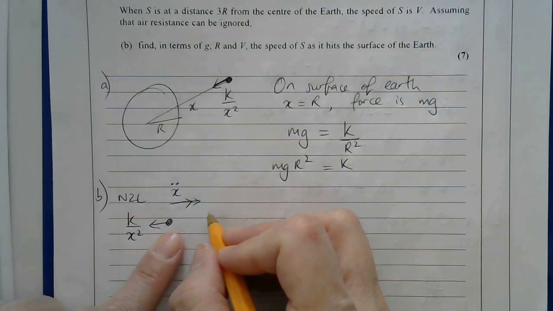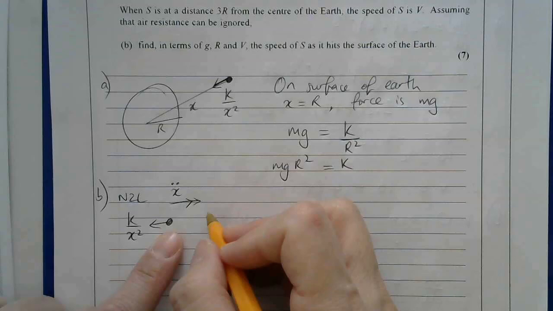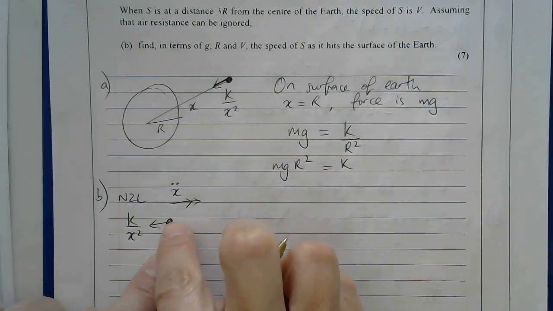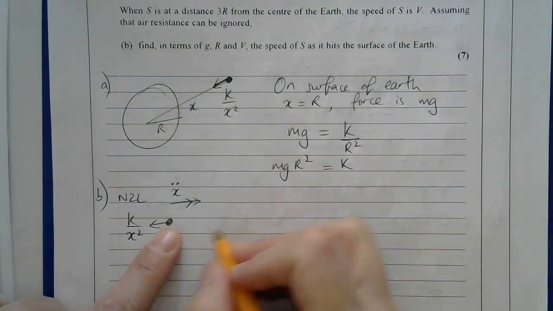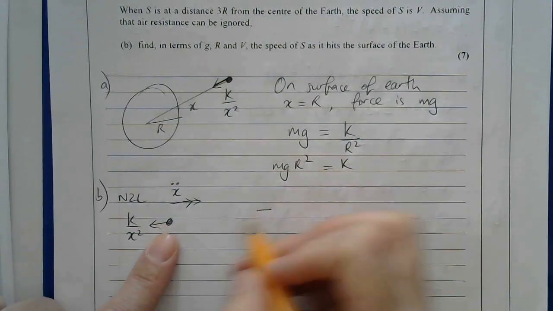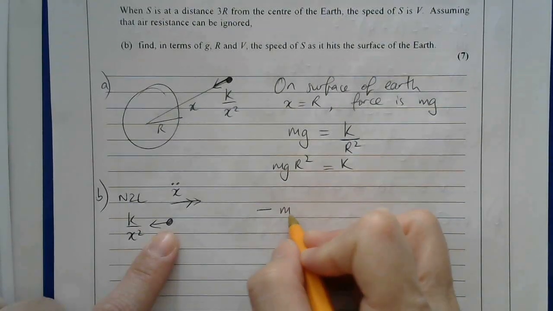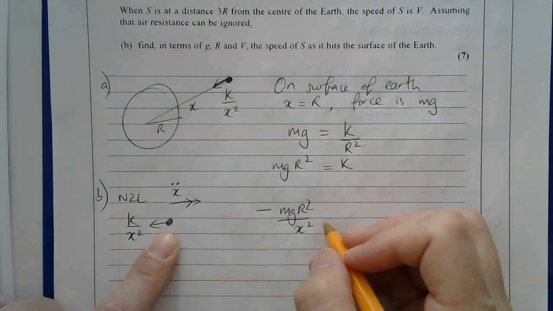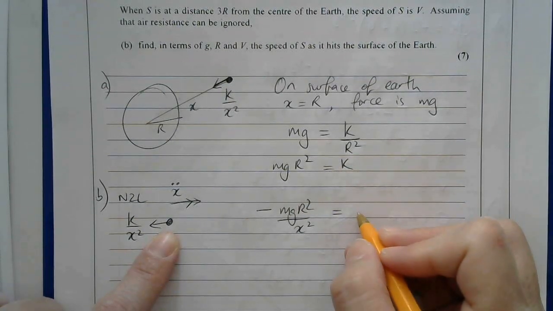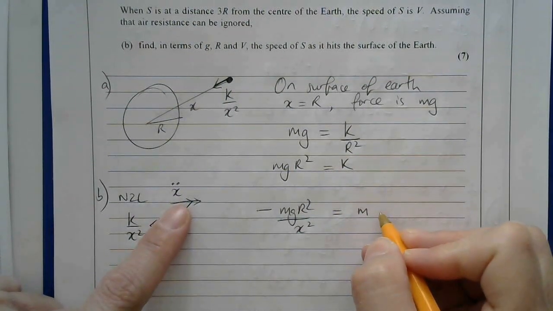So I know that from Newton's second law, the forces this way minus the forces that way equals the mass times the acceleration. So I have 0 minus k, which I know is mg r squared over x squared, equals the mass, which is m times the acceleration.